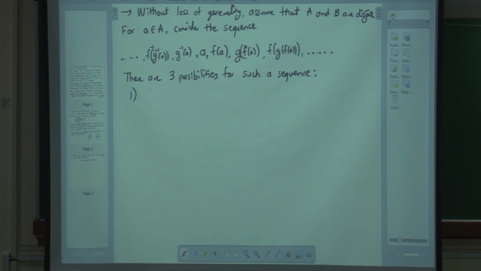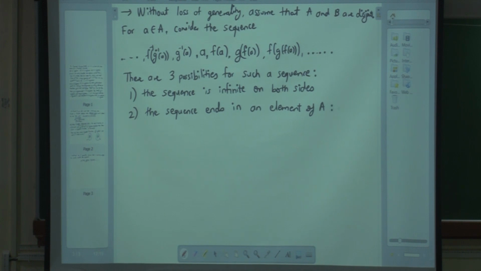The sequence is infinite on both sides. Second, the sequence ends in an element of A. Such a sequence we will call an A stopper.